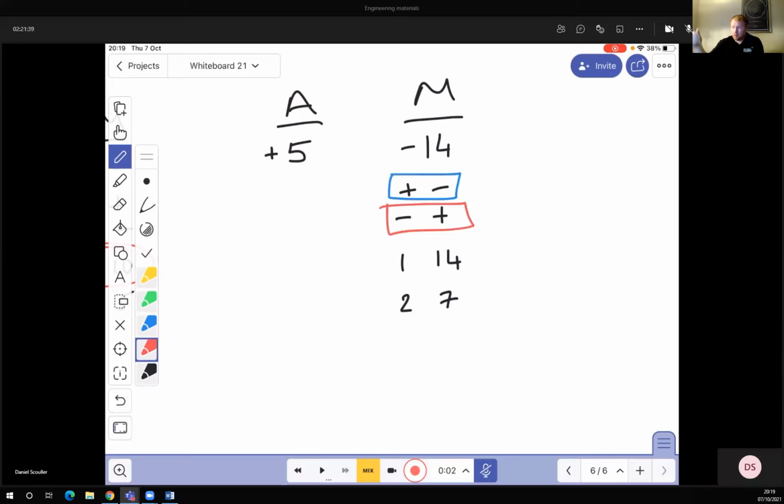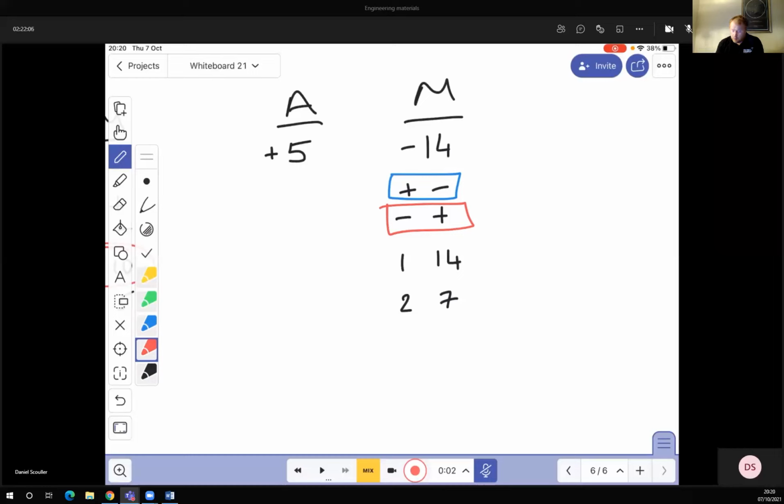So let's just go through it. If we had positive 1 and negative 14, if we added them together, we'd get negative 13, so it's not that. If we had positive 2 and negative 7, we'd get negative 5 if we added them together. So it's not that, but we're getting close. Go down to the red box, okay, we want a combination. If we had negative 2 and positive 7 and added them together, we'd get positive 5.